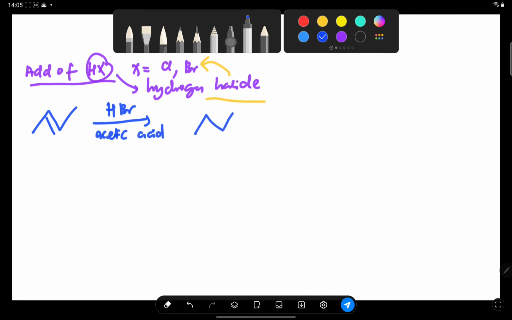At the end of the reaction, you add HBr here, and you will get an alkyl halide. Here we call it a symmetrical alkene because the number of hydrogen here is 1 and here also 1.